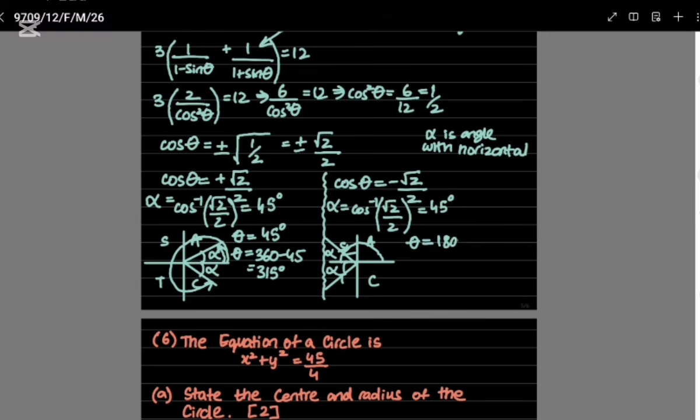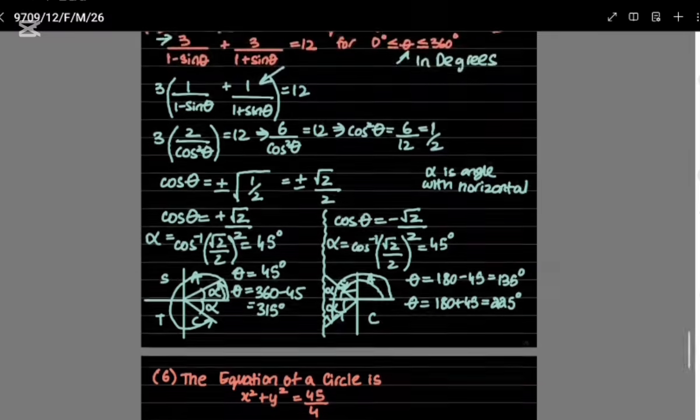So it's 180 minus alpha, which is 45. 180 minus 45 is 135 degrees. Now the second solution is, you go clockwise until it hits the second line. So it's 180 plus 45, which is 225 degrees. Easy and simple.